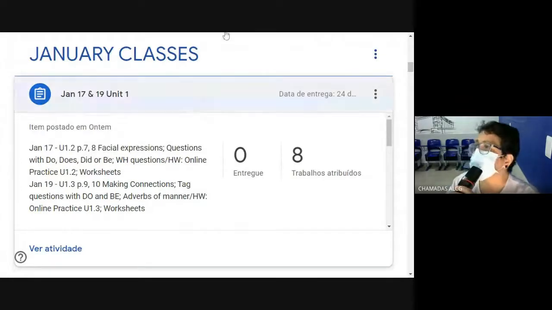Excuse me. All right, people. I can share the pages from the first unit with you, so don't worry. I will send those pages so you have access to the exercises. All right, so don't worry.